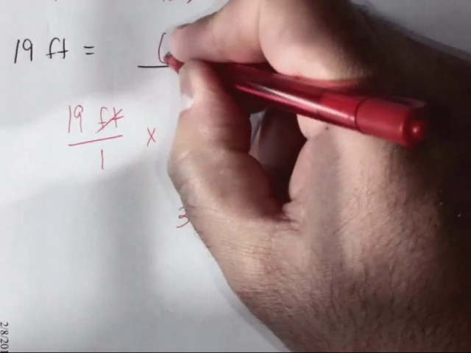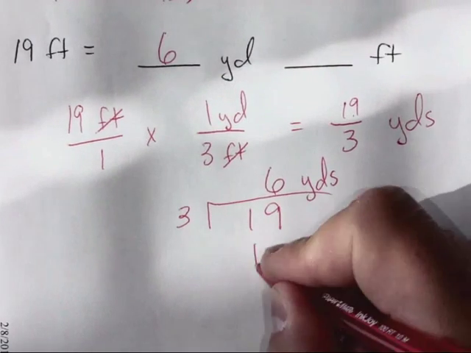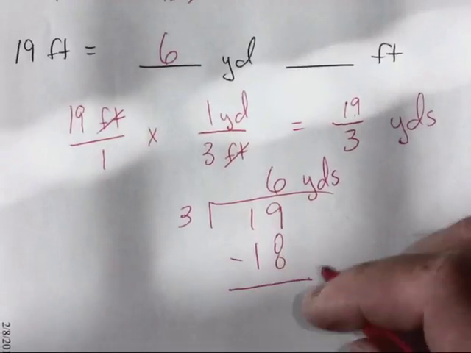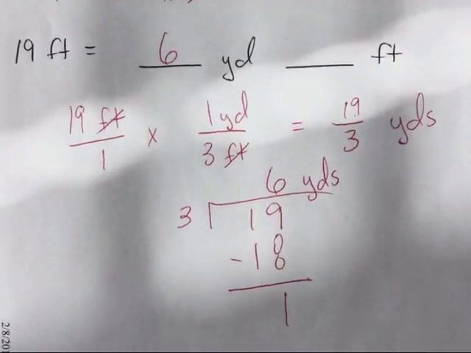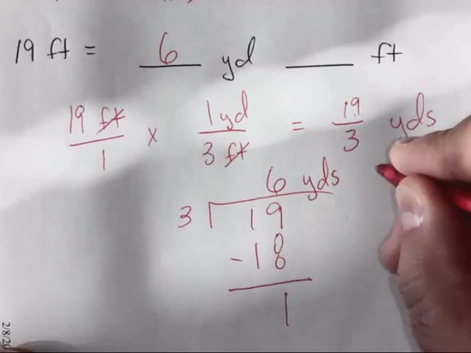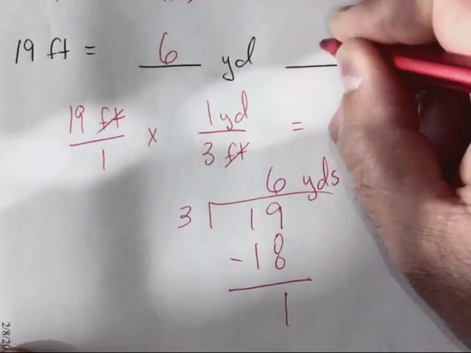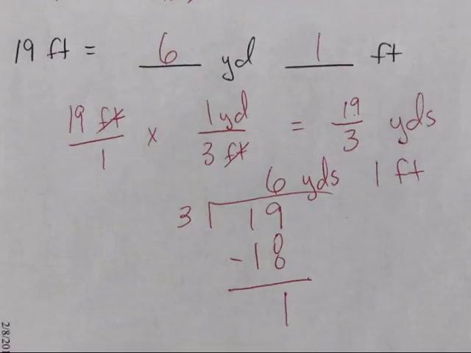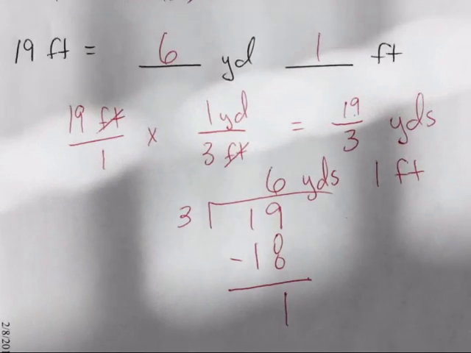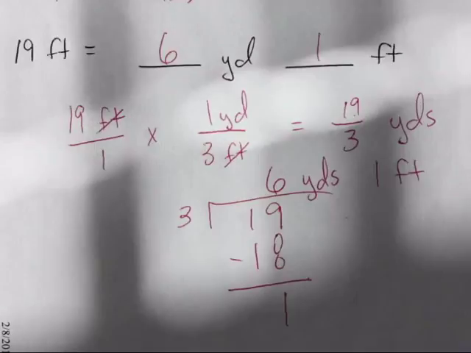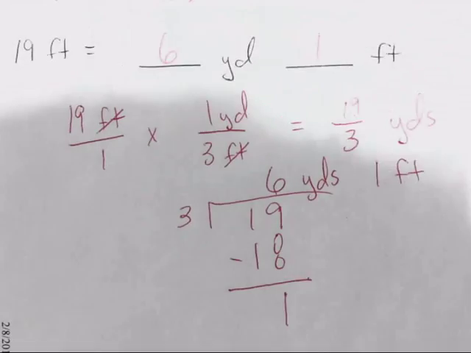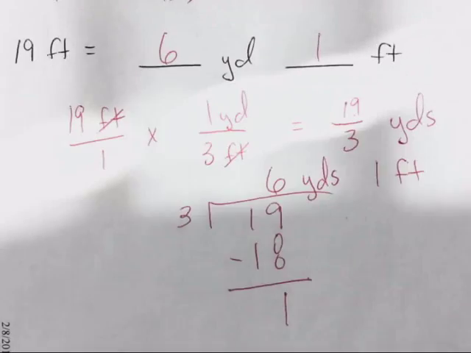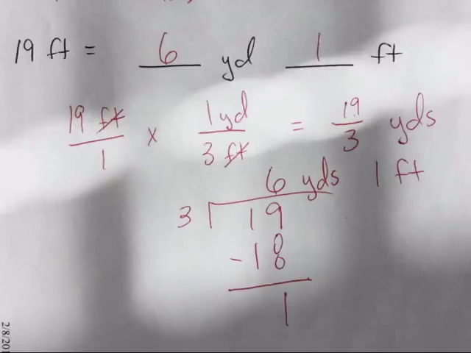So I've got 6 yards, and then I multiply, subtract, and my remainder tells me how many feet I have left over. So I have 6 yards and 1 foot left over, and so that is the answer that we're looking for here, as opposed to a decimal answer.